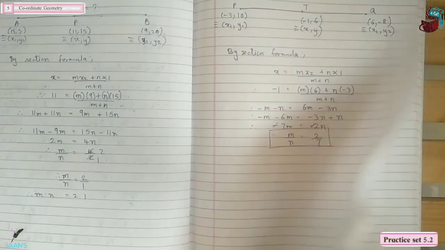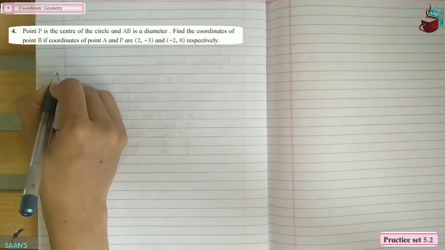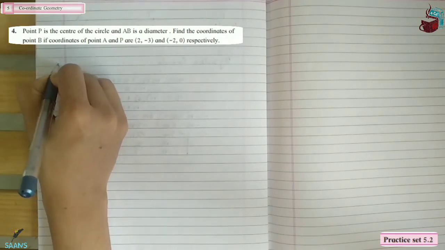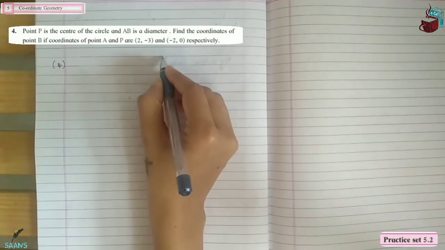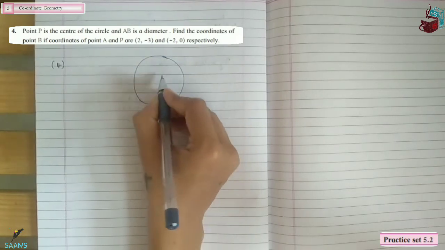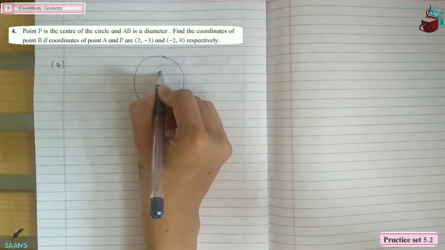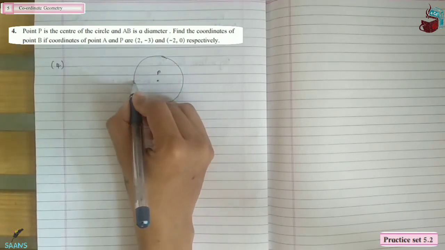Now I'll move on to the next sum, sum number 4. Point P is the center of a circle, and AB is the diameter.